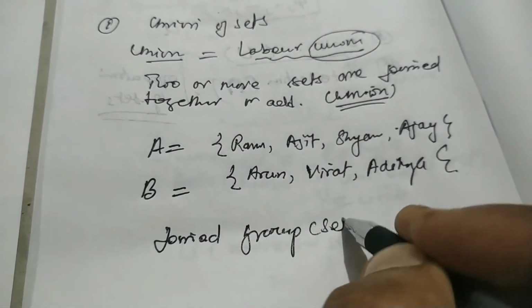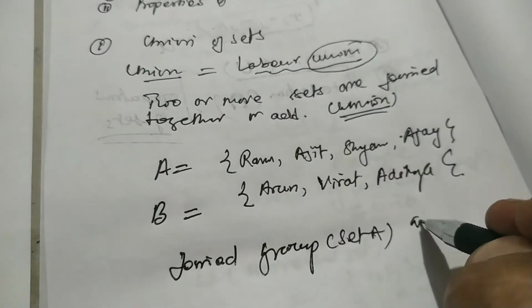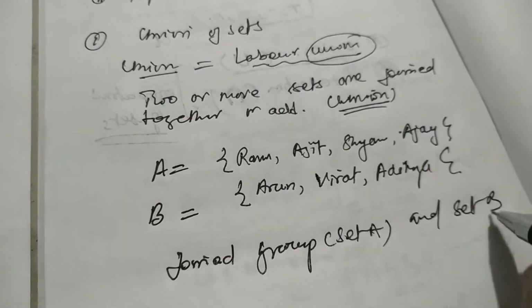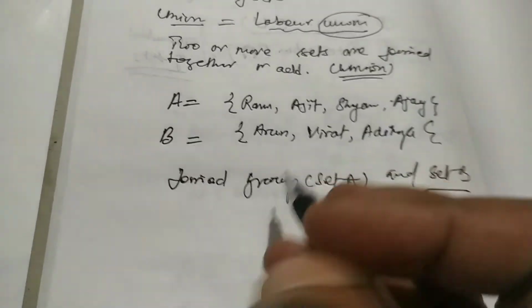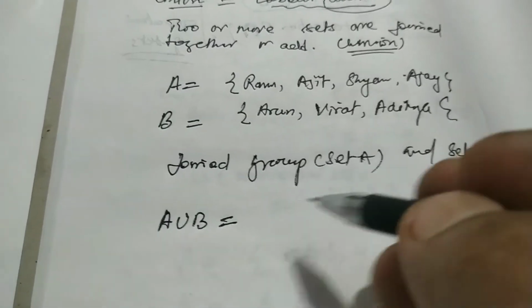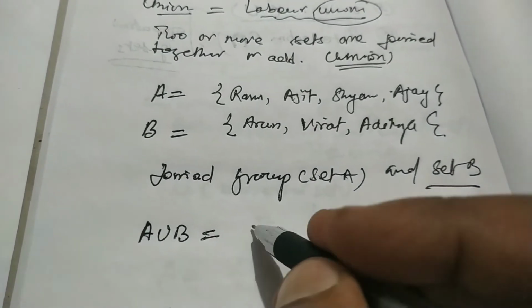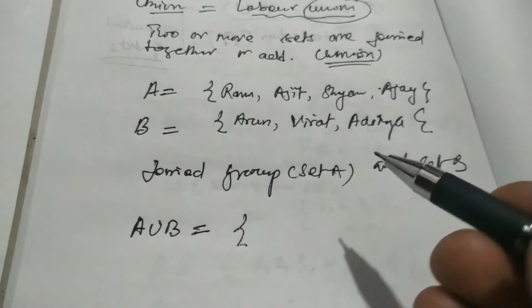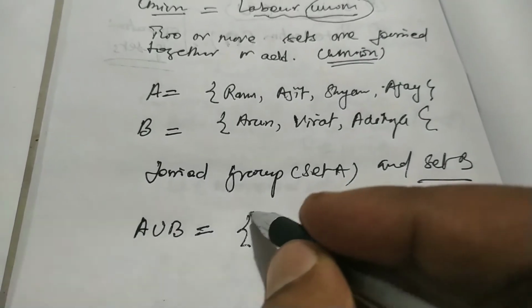If you want to join set A and set B, in mathematics we write A union B. All the names must be inside the bracket.